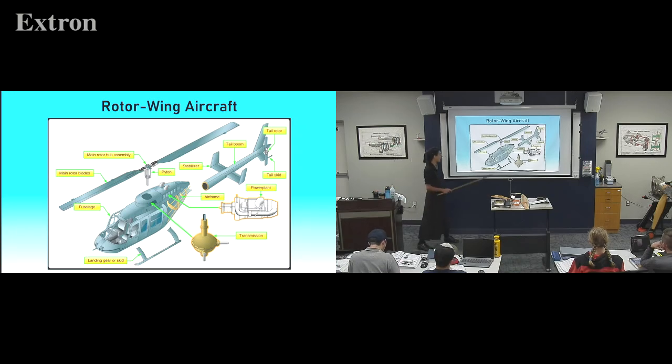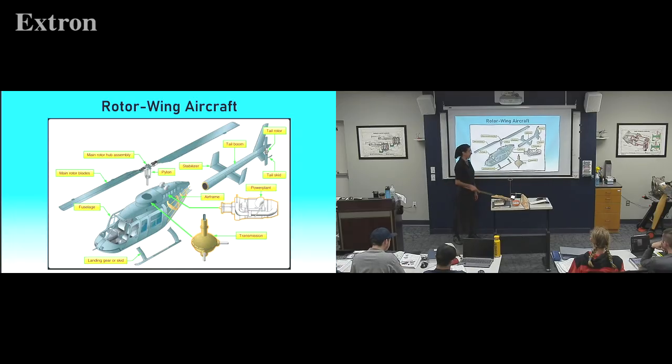So, fuselage, main body of our flying machine, just like an aircraft fuselage. Then we got landing gear or landing skids, and our pylon or the mast comes up to our main rotor hub assembly, going out to our main rotor blades. And this has a power plant in it, looks maybe like an Allison 250 turbine.